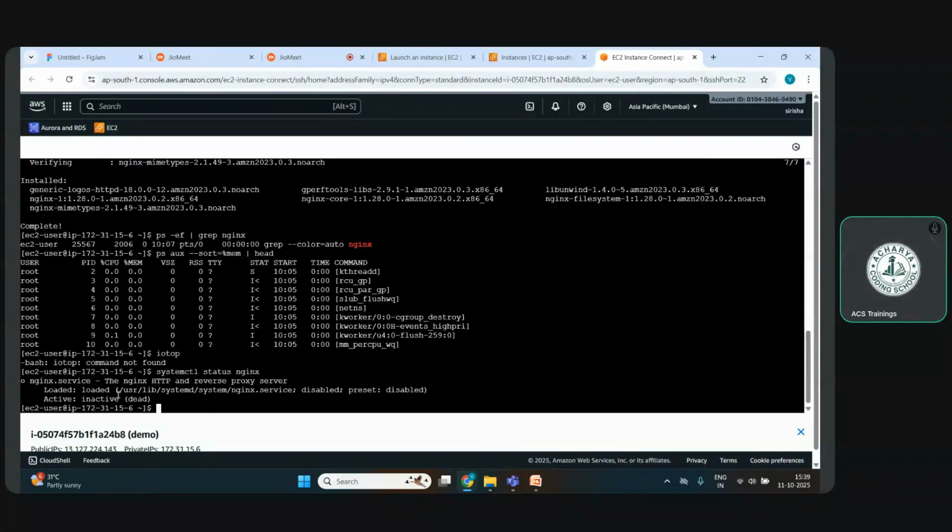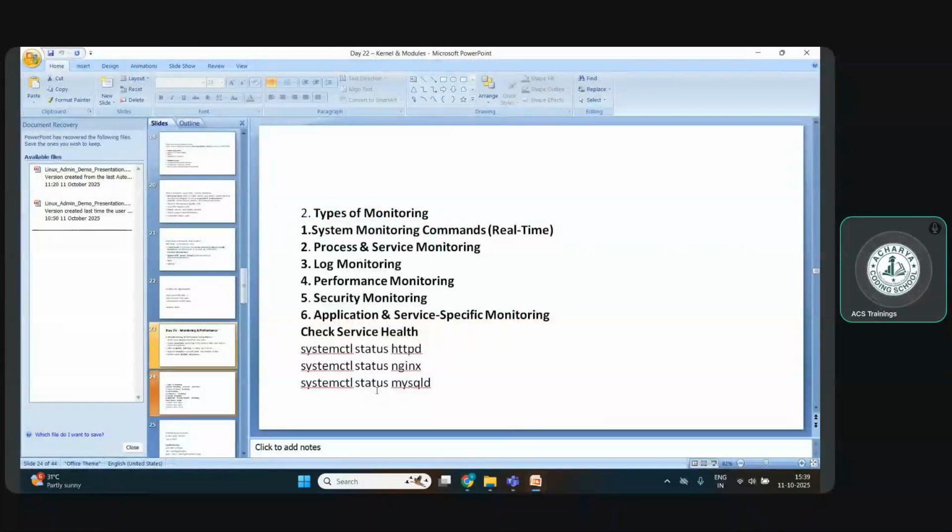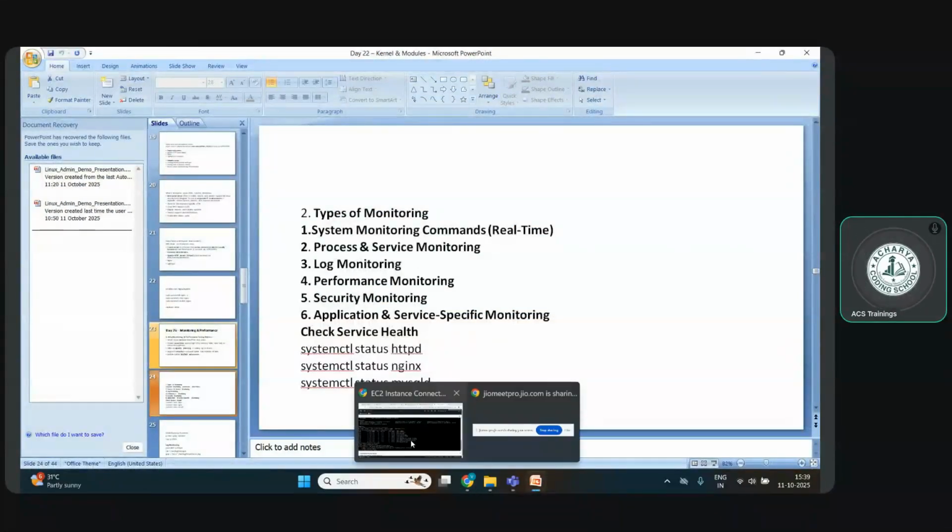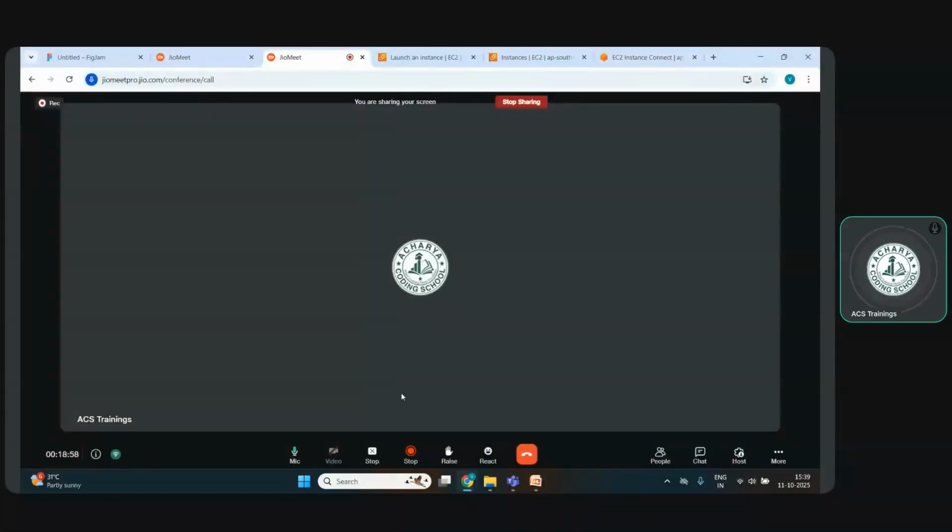Once we have enabled Nginx, it will show as active and running. And for checking the logs, application response and process check, we have discussed how we deal with log monitoring, each and every one in detail. Thank you.